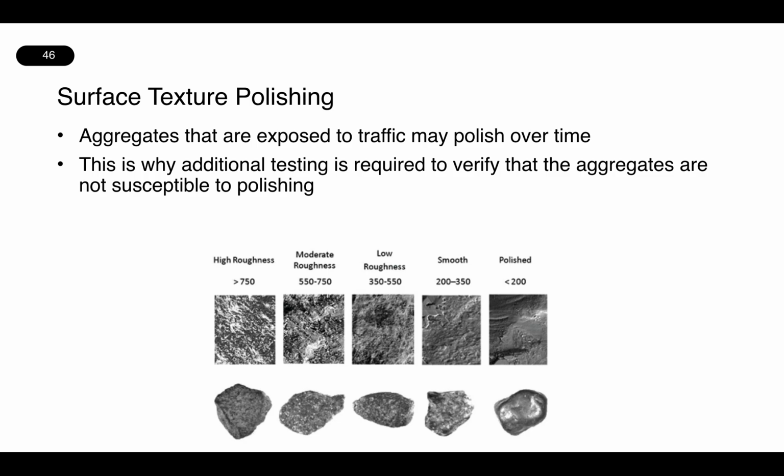And surface texture polishing becomes a big deal over time. Aggregates may polish if they're exposed to traffic, which wouldn't be an issue for most vehicles if they are able to put new tires on their car when it's needed. But some people are living life on the edge, and their tires may be a little smooth, and put that smooth tire against a smooth surface, and then you may have a problem.